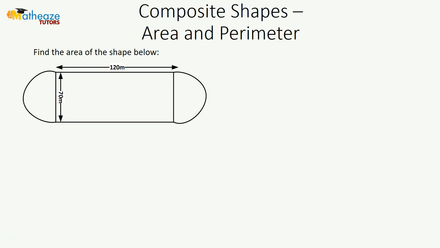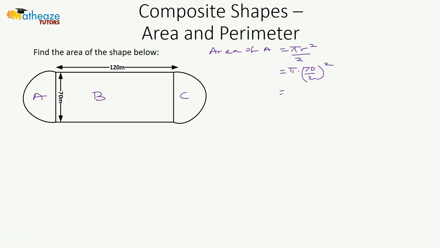Now we have something here that looks like a field. So we have A, B, and C. So A and C have the same measurement. So let's look at area of A is equal to pi r squared, and then because it's a half circle, we divide by 2, which is pi, r is going to be 70 over 2 squared, because 70 is the diameter here.